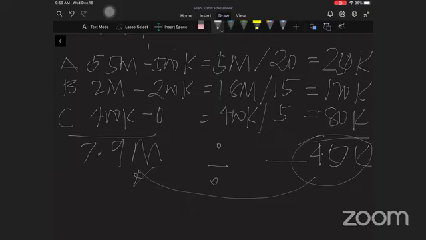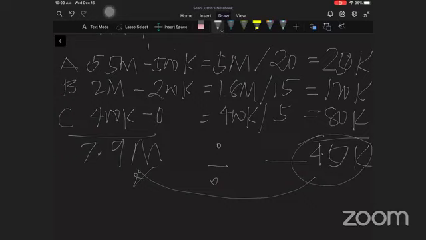The composite rate is 450,000 divide 7,900,000.